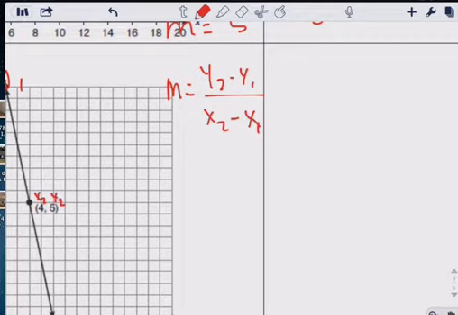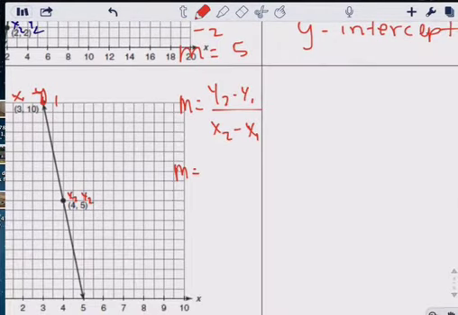Should be an x2, x1. Okay, so m equals y2 is 5 minus 10 over 4 minus 3. X2 is right here, x1 is right here.